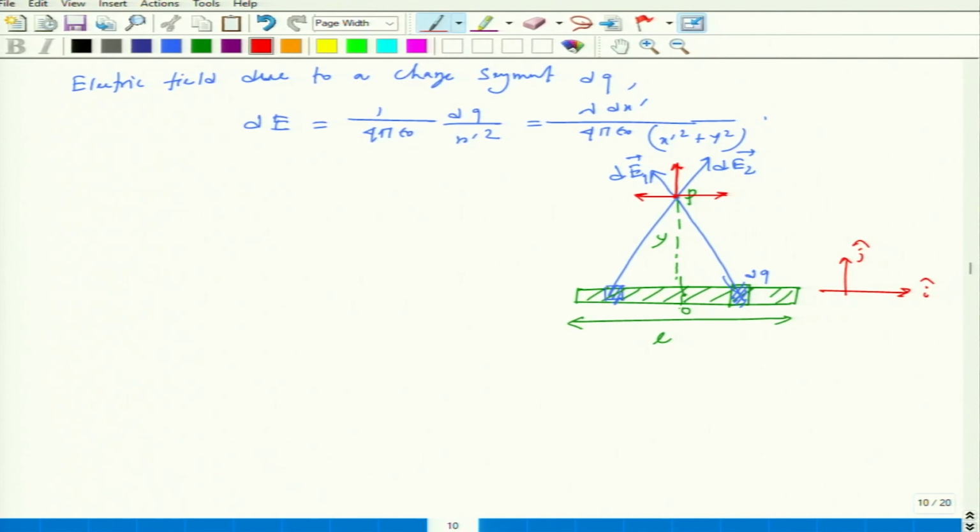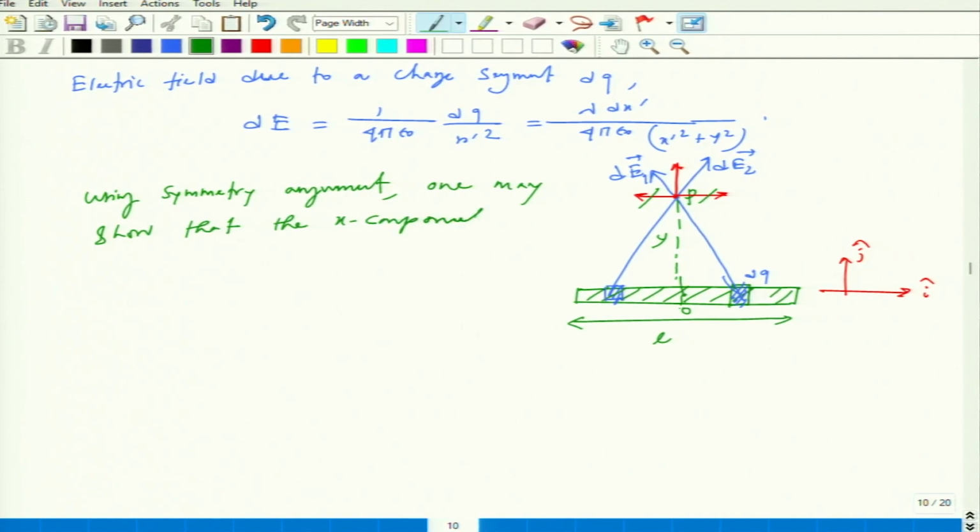Using the symmetry argument, the x component of the electric field vanishes, since the magnitudes of dE1 and dE2 are the same but the directions are opposite.